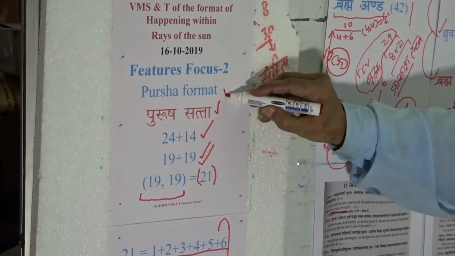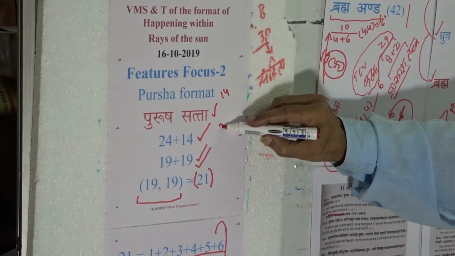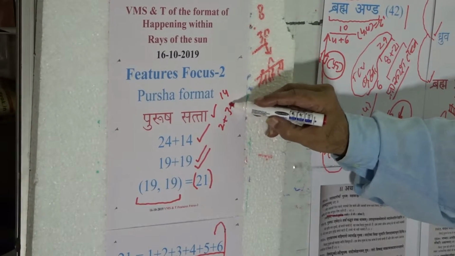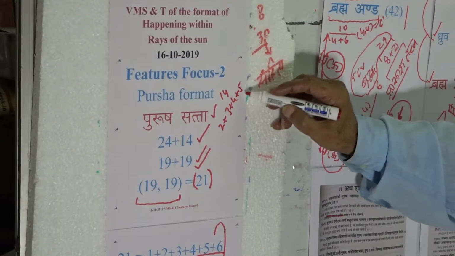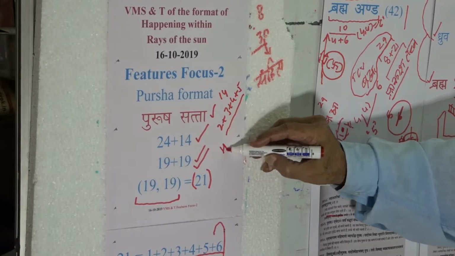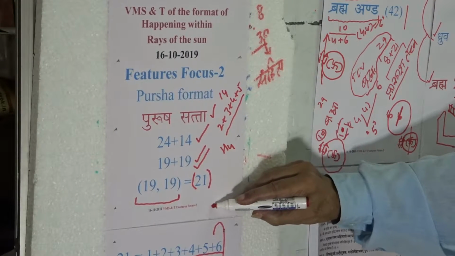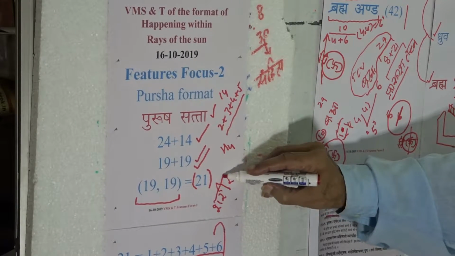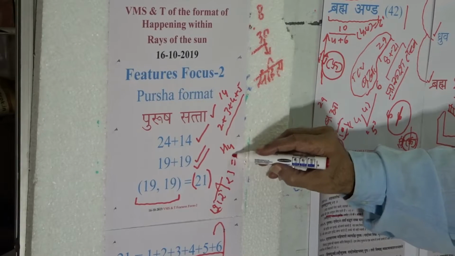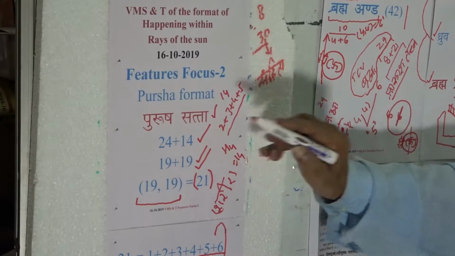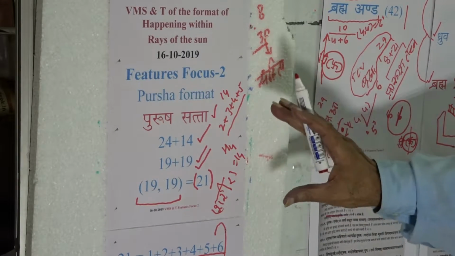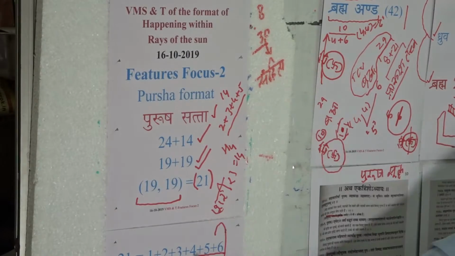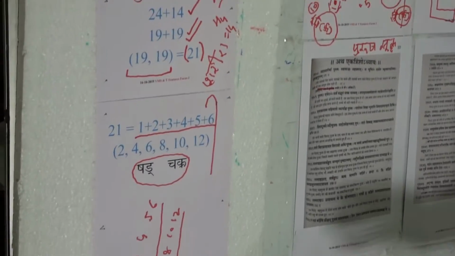Satta means 14, which is equal to 2 plus 3 plus 4 plus 5, and it is of hypercube 4. And we know that the formulation Sharir, body, as well is of TC value 14. Therefore Purusha Satta will lead us to the Shad Chakras format.